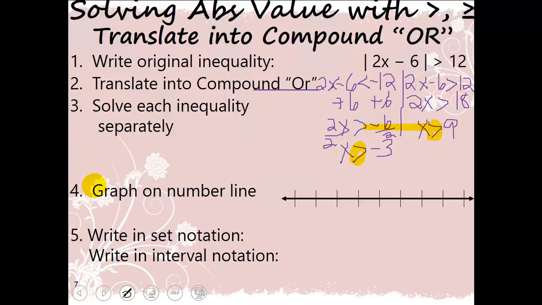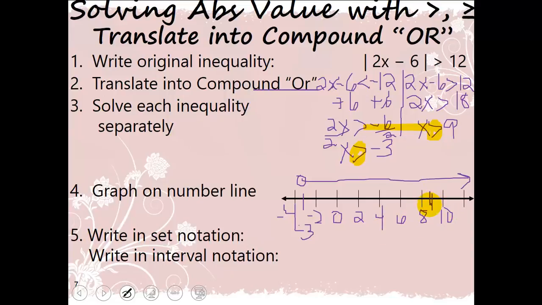So I need to go from negative 3 to 9. Here is negative 3. It's going to be open and going to the right. And then 2, 4, 6, 8, 10.